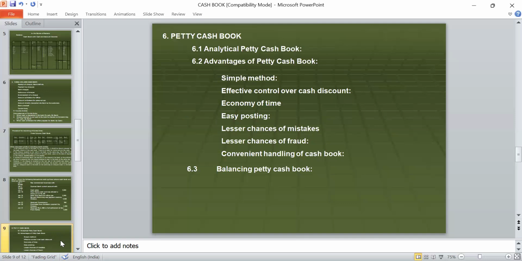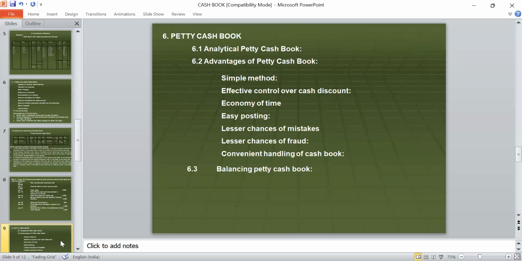In each and every organization, a large number of small payments, such as postage, cartage, telegram, traveling expenses, stationery, and other expenses are incurred. To record all such payments of repetitive nature, a separate cash book is required, that is called petty cash book.